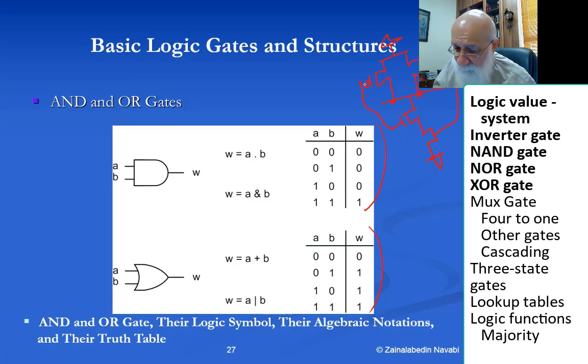Okay, so this is input A, this is input B, and then this output has to go into the inverter, and this becomes your W output for ANDing.